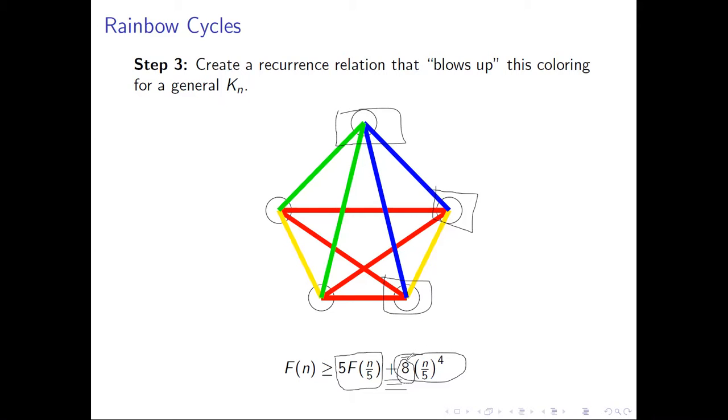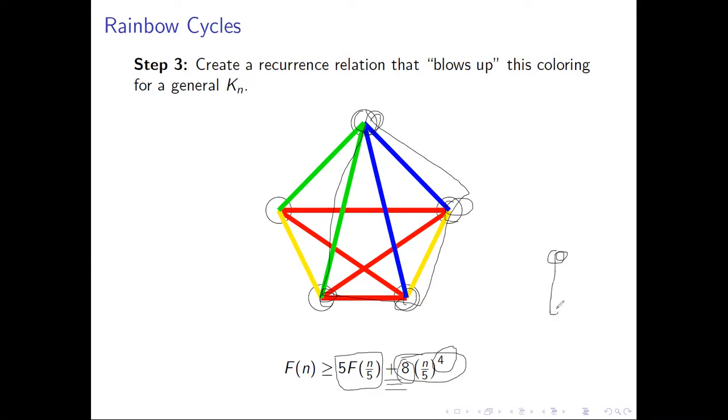Well, the 8 comes from the fact that this coloring of the K5 that I talked about earlier yields 8 C4 subgraphs. So there are 8 of them. For each of those 8 subgraphs, let's say this one right here, the one that goes from here to here to here to here, there are 4 vertices. That's where we get the exponent here.